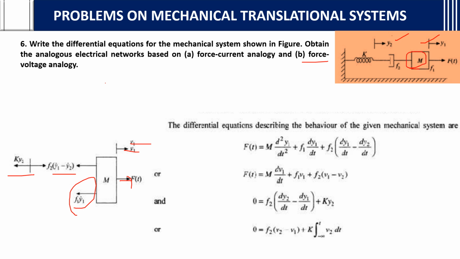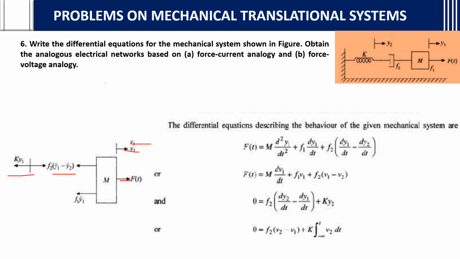Under the mass element there is F1 present, so there is some dashpot element present in the mass element. You need to consider that also as F1 y1 dash, even though it is not given in this way. If mass is given with a damping coefficient F1, you need to mention that force also for that mass element. Keep that in mind. I am repeating twice because it is very important.